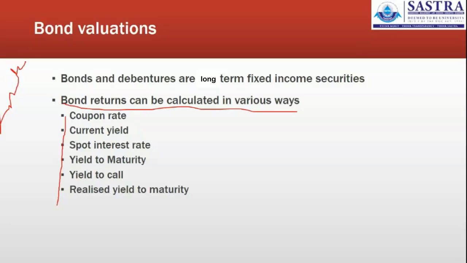We call it the explicit rate of return or the coupon rate. The coupon rate is the percentage of interest declared on the bonds or debentures that have been issued. Let's say, for example, a coupon rate of 12%.